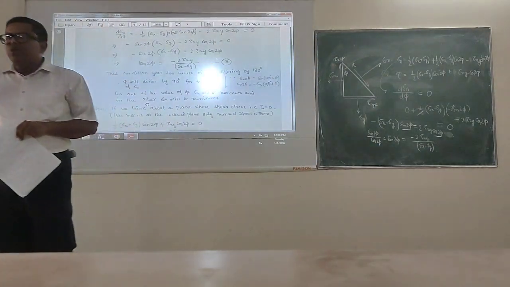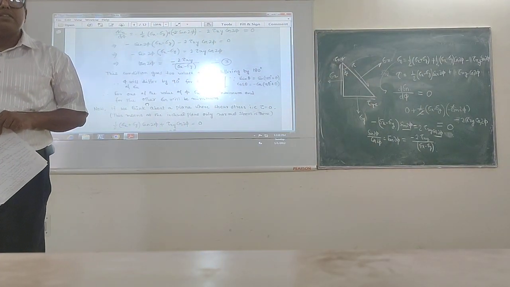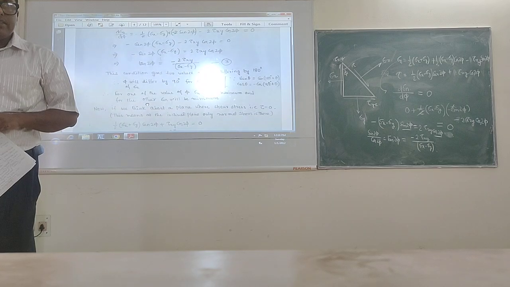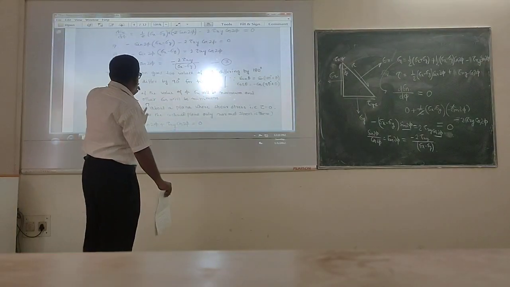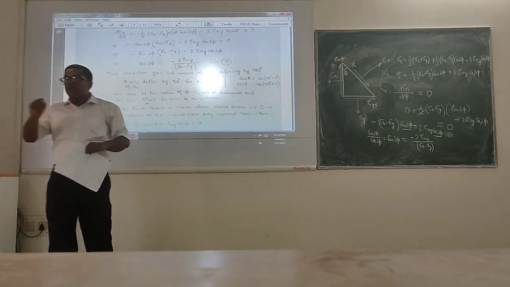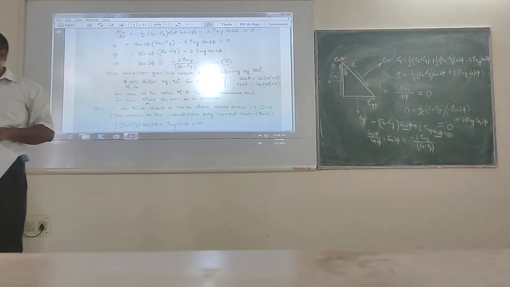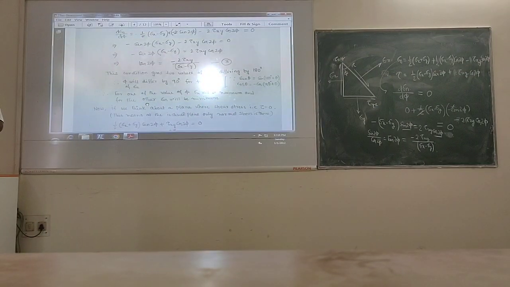So if one value is 10 degrees, the other value will be 190. So theta here is 2φ, and the two values of 2φ should differ by 180.